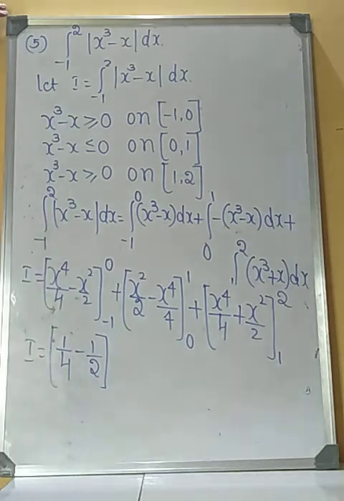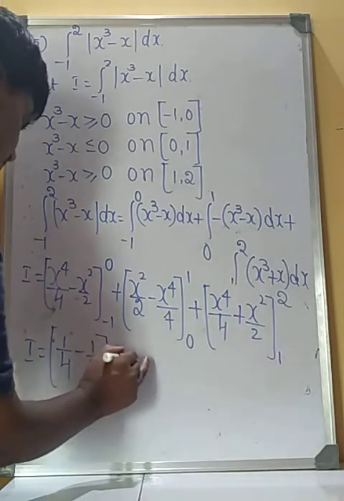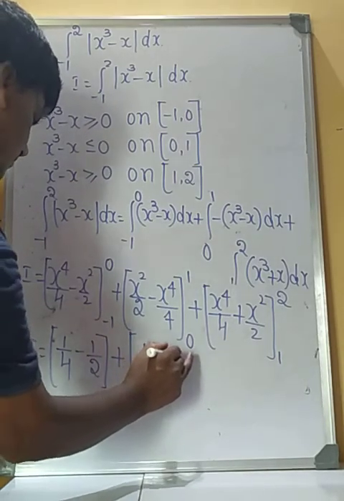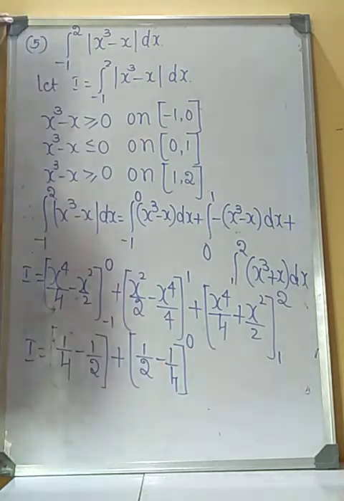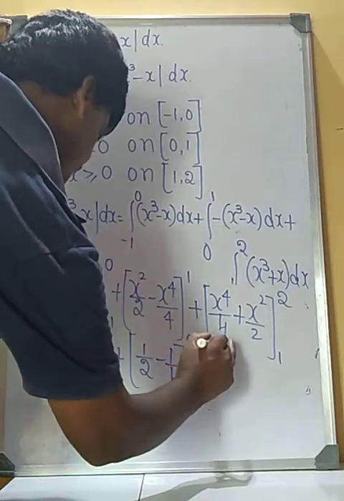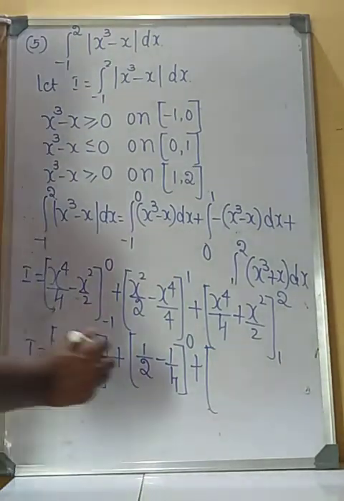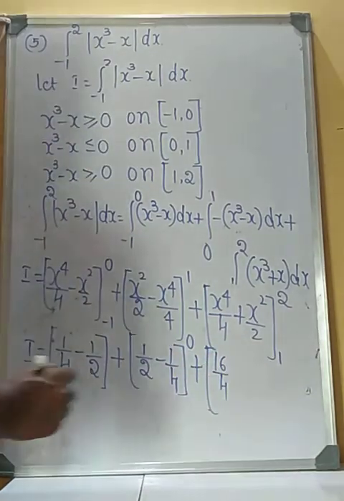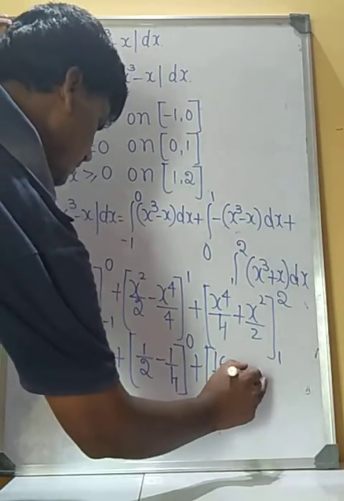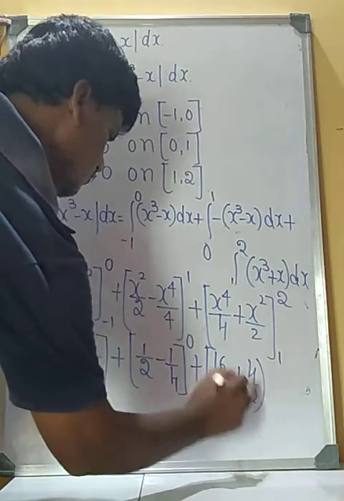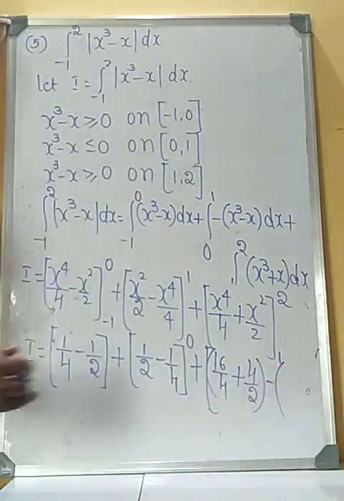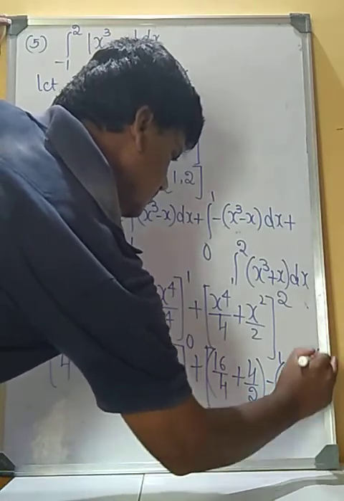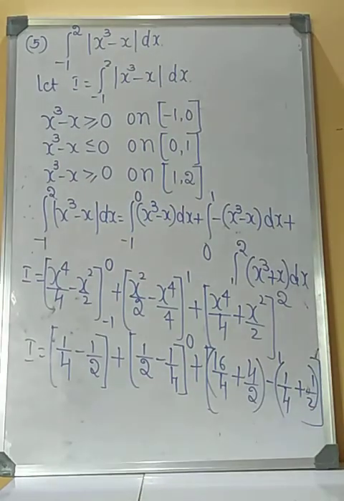The first integral, first term, plus 1 square is 1 by 2 minus 1 by 4, plus 2 to the power of 4, 16 by 4, plus 2 square, 4 by 2, minus 1 by 4 plus 1 divided by 2.